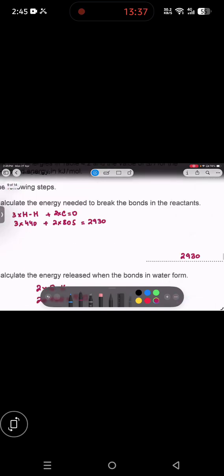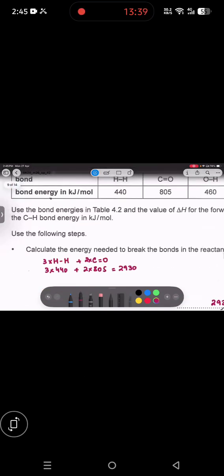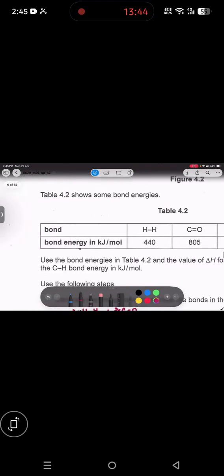Now, is the delta H given to us? The delta H, let's move. Yes, minus 40. So the formula is delta H is equal to bond breaking minus the bond formation or bond making.